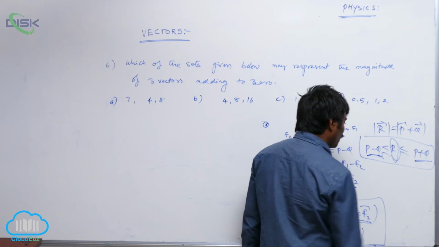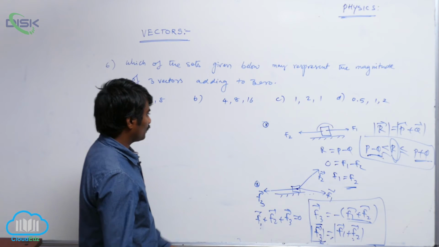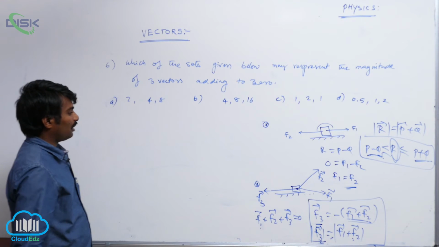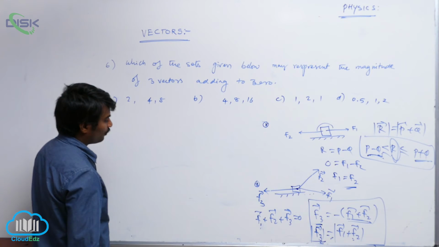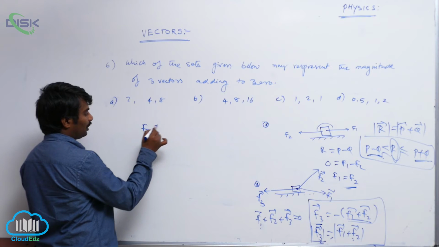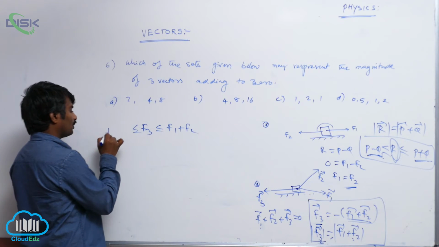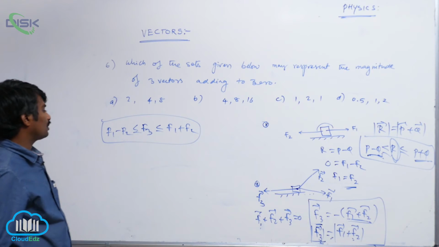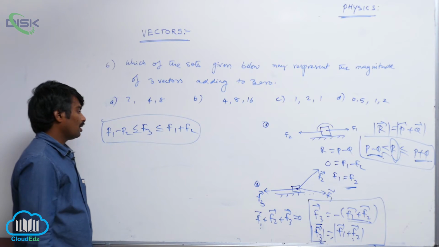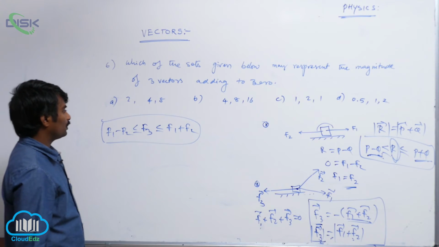Then there is a possibility to keep the object in rest position. That means either you can take one as F3 and the remaining you can take as F1 and F2. That means F3 less than or equal to F1 plus F2 and greater than or equal to F1 minus F2. If any set of forces satisfies this equation, then there is a possibility to add up to 0.